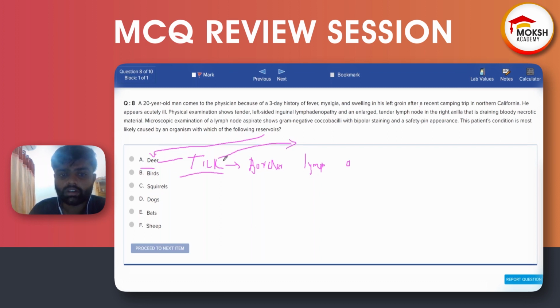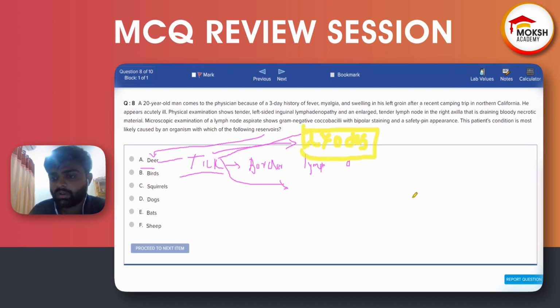What other diseases does this tick cause? It's called Ixodes tick. There are 3 diseases that are carried by this tick.